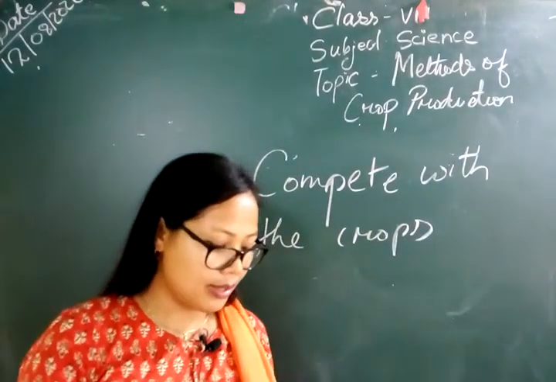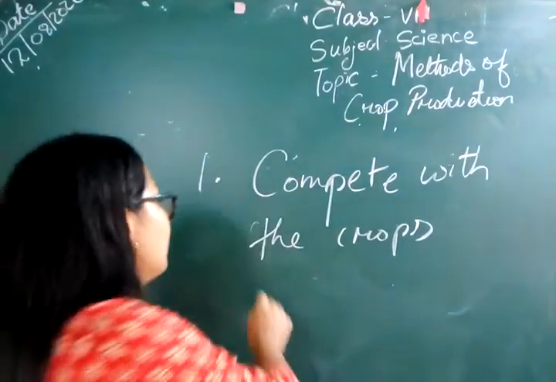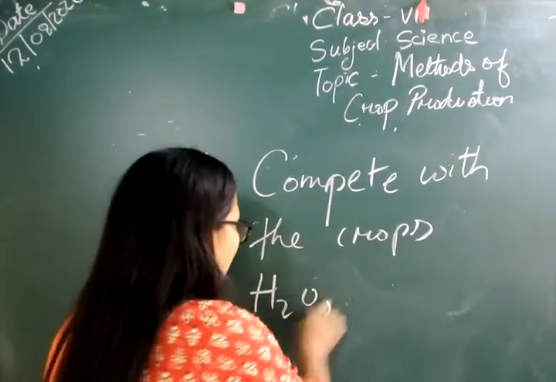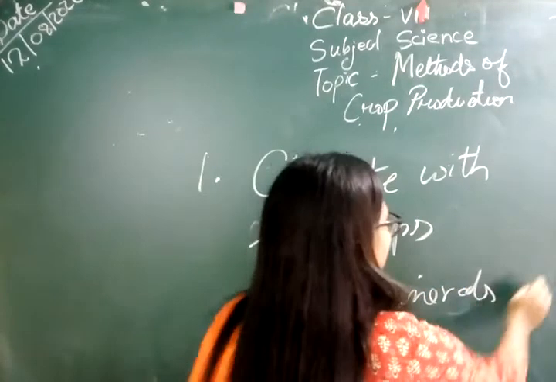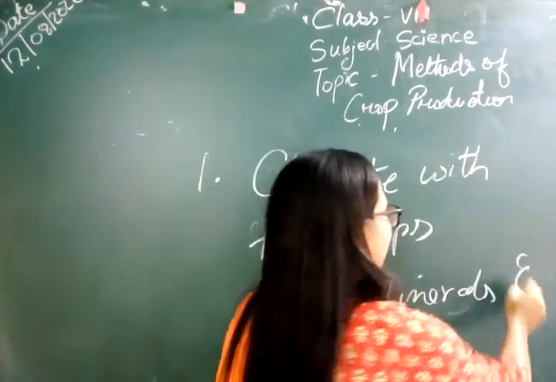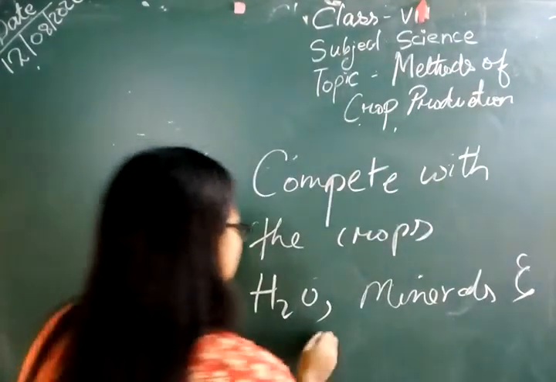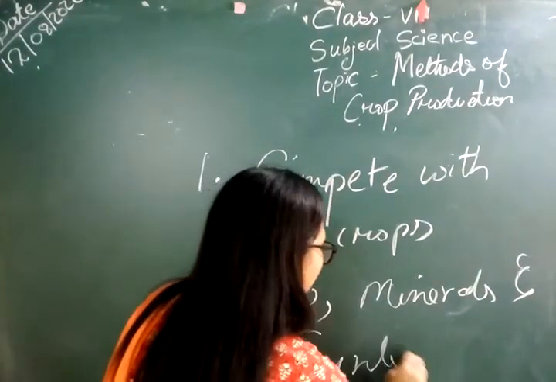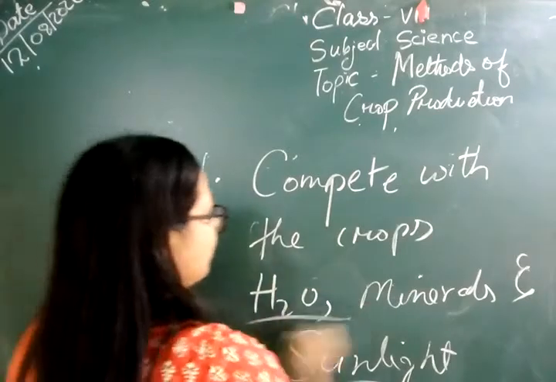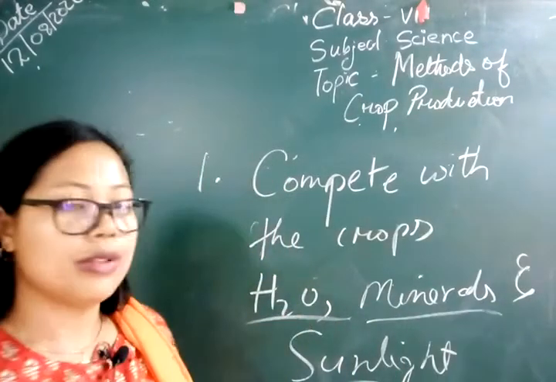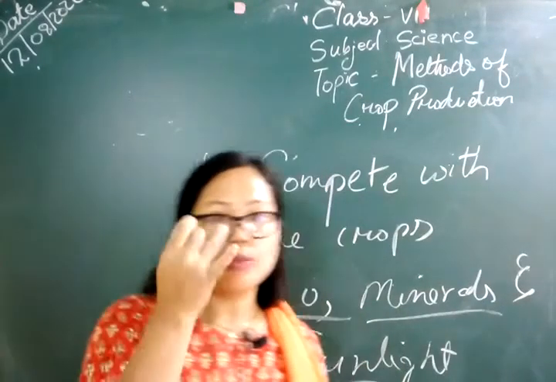They compete for water, minerals and sunlight. These are very important for plant growth, isn't it? So they compete since they grow along with the crops.